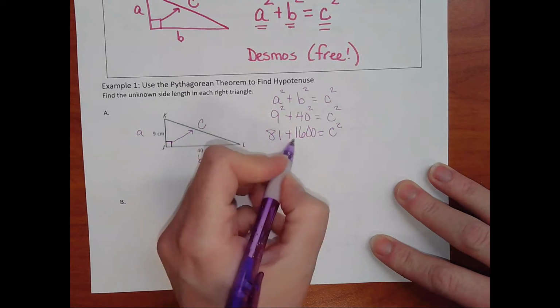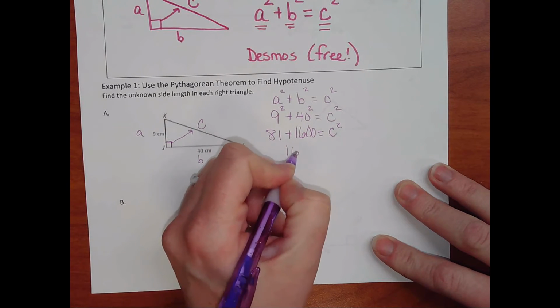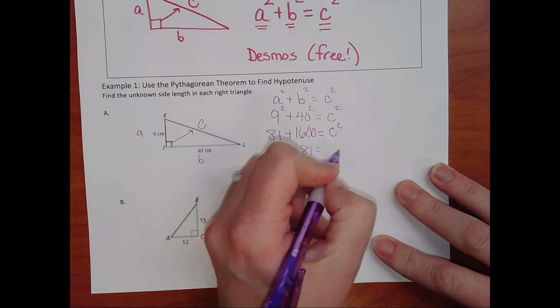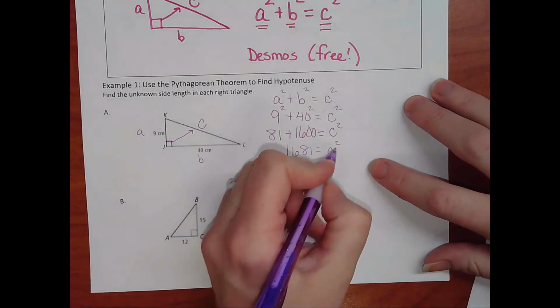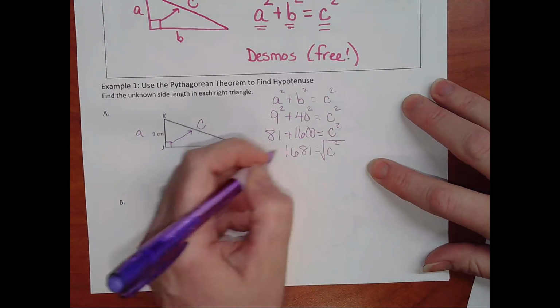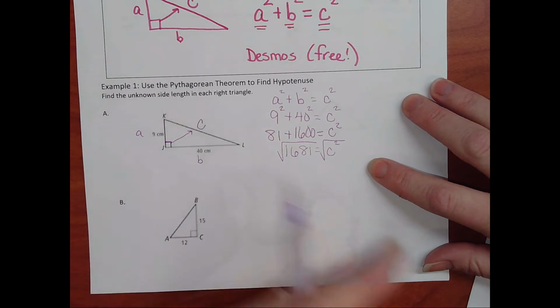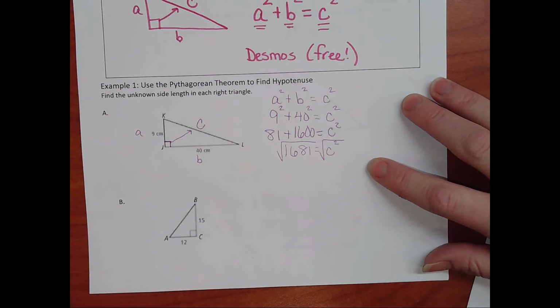Add these together. 81 plus 1,600 is 1,681. That equals C squared. This is the only major mathy thing that you've got to remember to do. You cannot leave this as C squared. You have to take the square root. When you take the square root, that is when you're going to get decimals. It's totally fine.